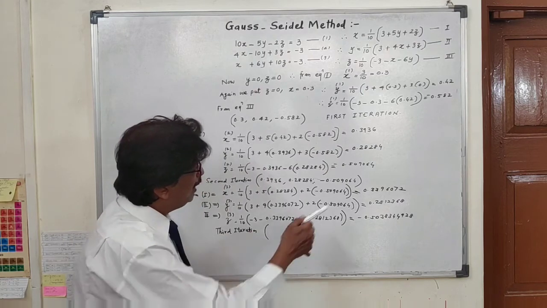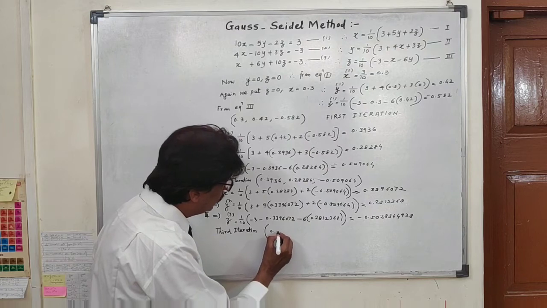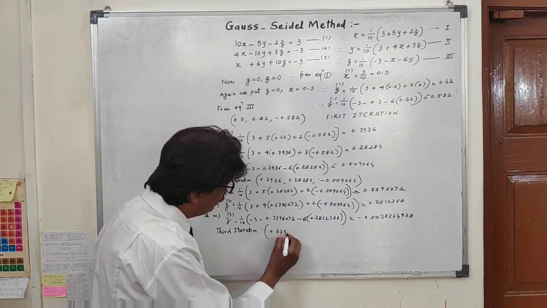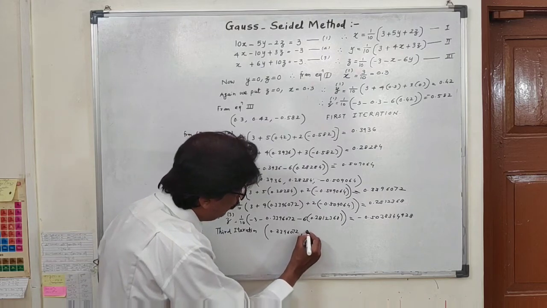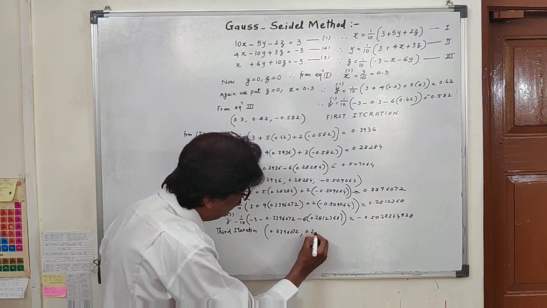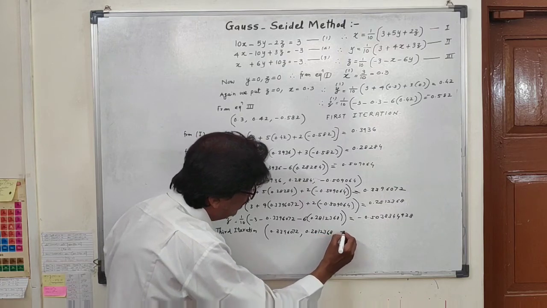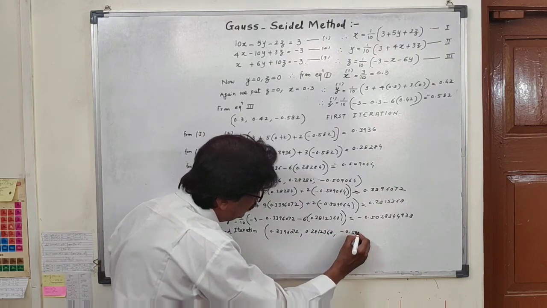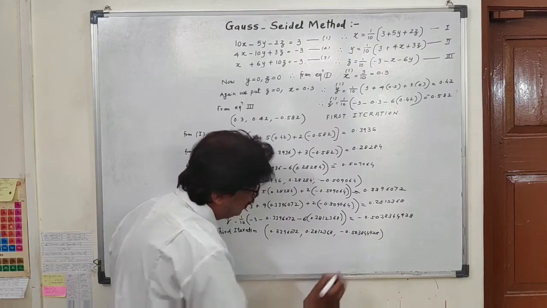What values have we got? x is 0.3396072, the value of y is 0.2812368, and z is minus 0.503844.